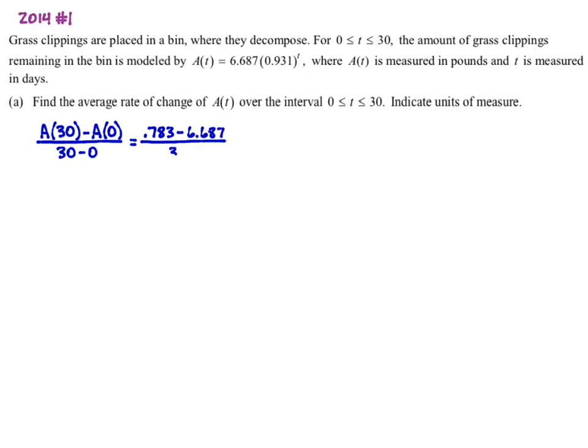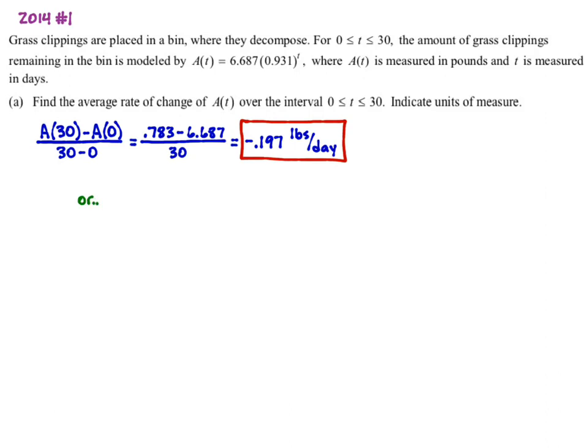And we get 0.783 minus 6.687 all over 30, and then that simplifies to negative 0.197. The units on this, because A represents pounds and we are taking A prime, it's going to be pounds per day.